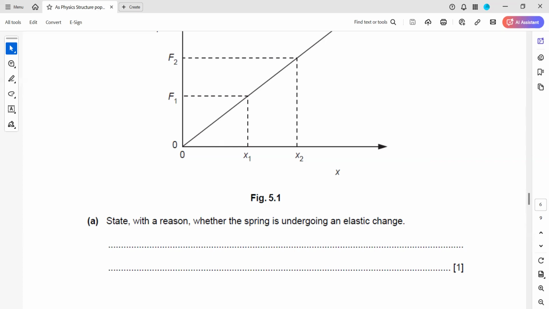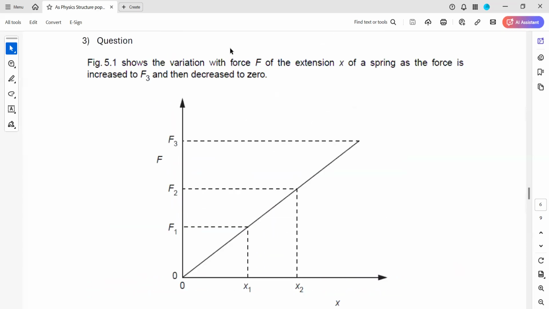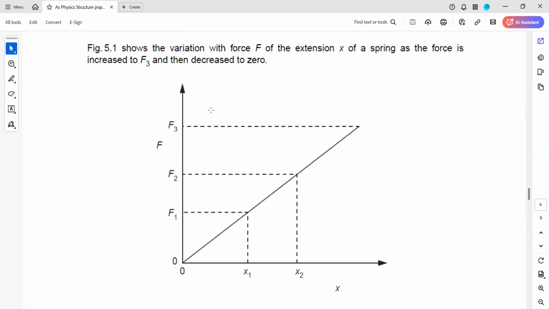If it was having a loop like this, or a loop like this, then we could predict. But in the question, when we apply the force on the spring and then we decrease the force, there is no extension.